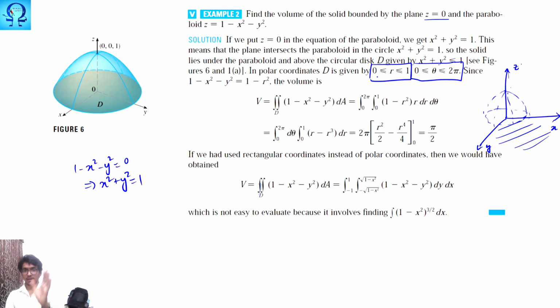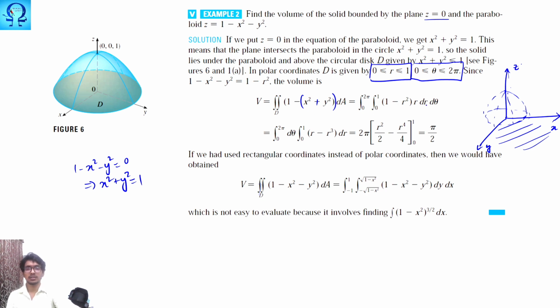Right? If you have some circular region, the radius is your r value. So you can easily convert these things here. And this one we shall write as 1 minus of x squared plus y squared. We may write it this way as well. So x squared plus y squared is r squared, right?